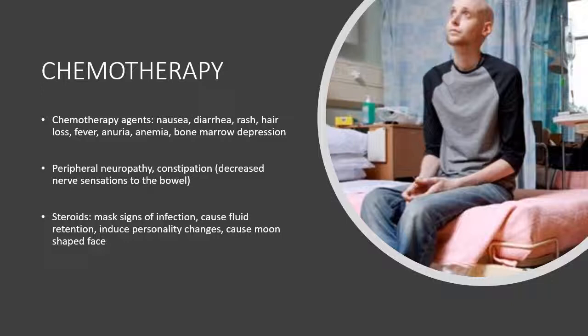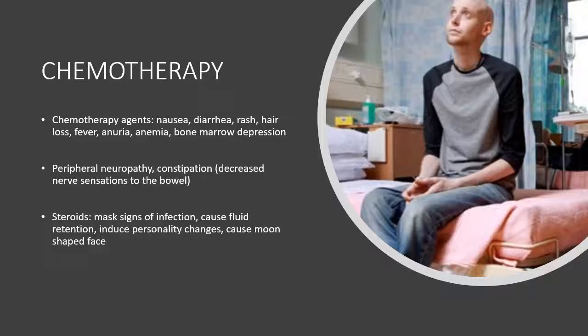So let's talk about chemotherapy and radiation, since we're going to use both of those treatments for a lot of these children. When you're providing care to a child who's receiving chemotherapy, they will have the same side effects as an adult. So they're going to have nausea, diarrhea, rash, hair loss, fever, decreased urine output, anemia, and bone marrow depression.